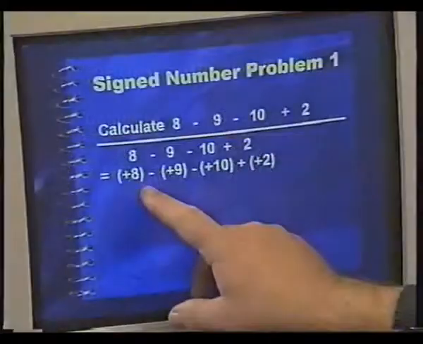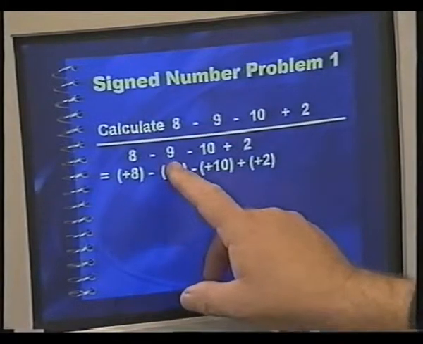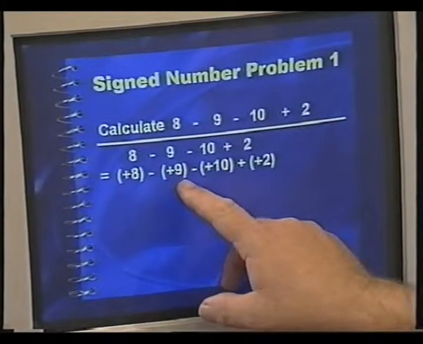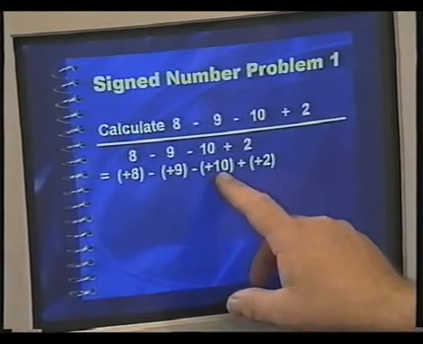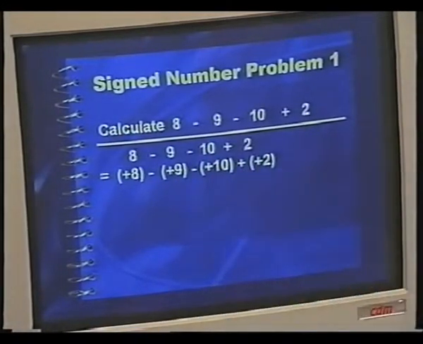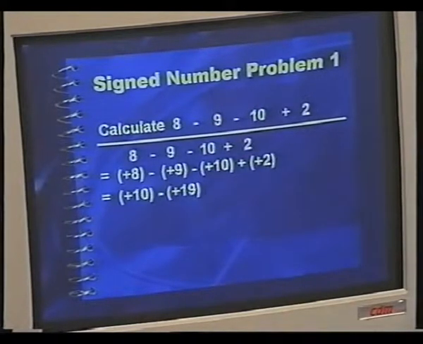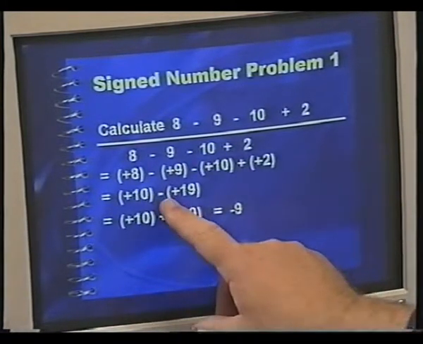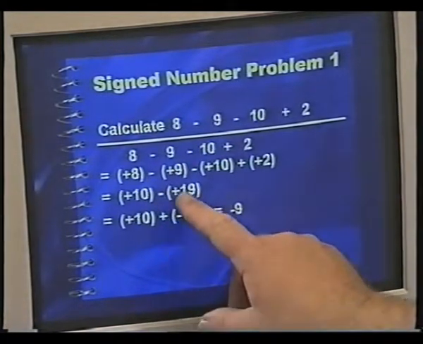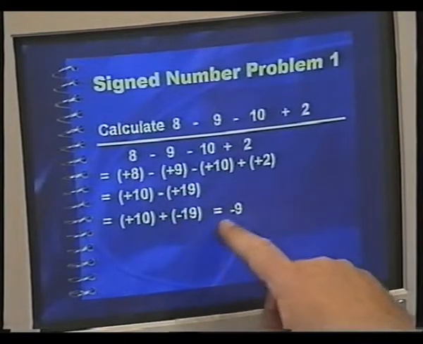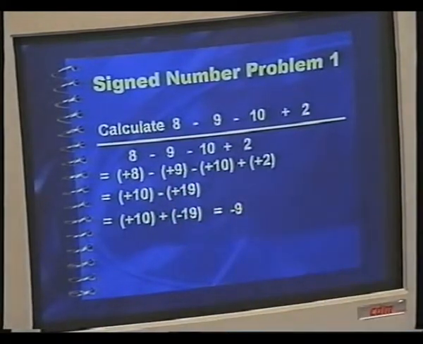That is a positive 8, subtract a positive 9, so that positive sign there is inserted, subtract a positive 10 and add a positive 2. And then you've got the same rule as I've had before. Positive 10, subtract positive 19 is the same as, because the subtraction becomes addition, and that positive sign becomes a negative sign. The answer is negative 9.